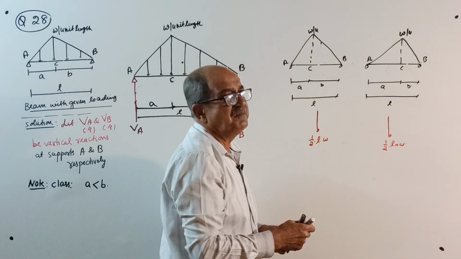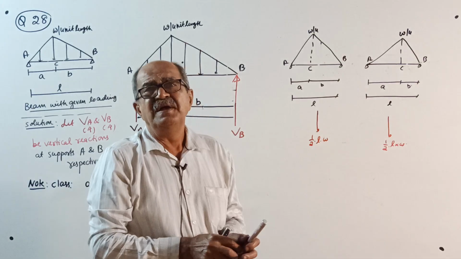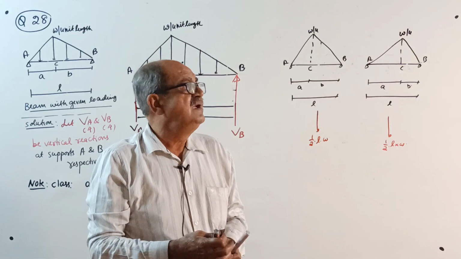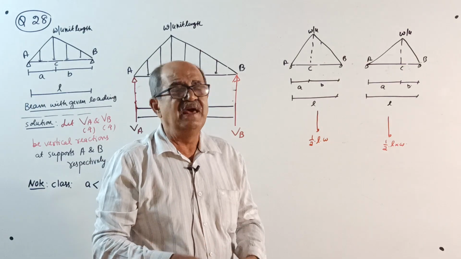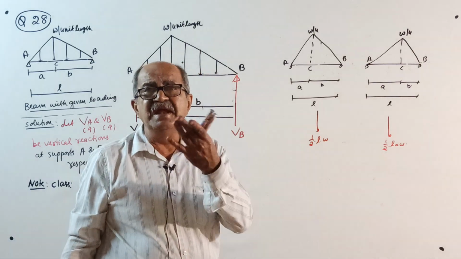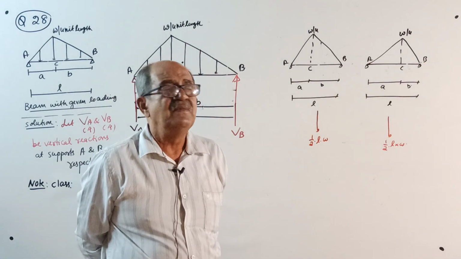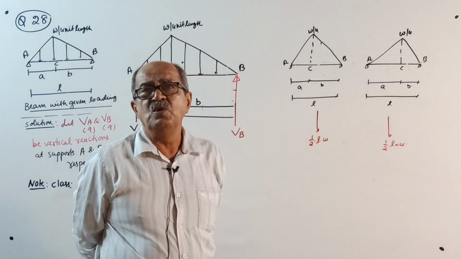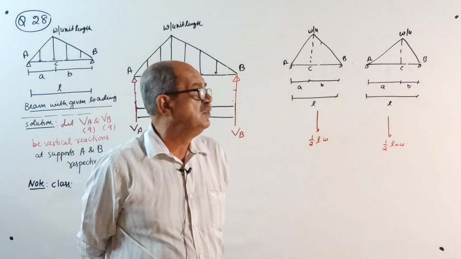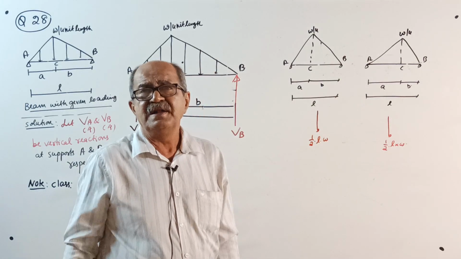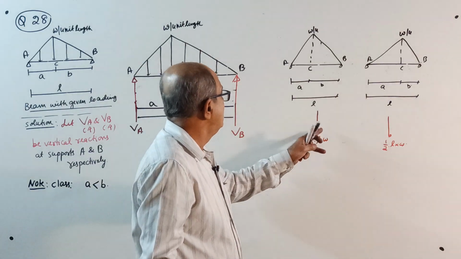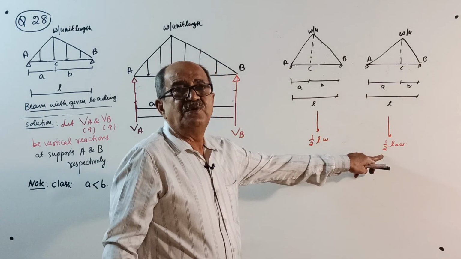Told thousands of times. Uniformly varying load represented by a trapezium, a triangle, or any type of diagram or geometric shape, total load is given by the area of that diagram, the area of the diagram representing the load. Now, this is okay. Total load is okay.